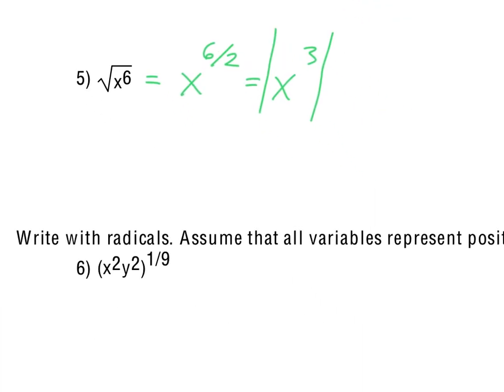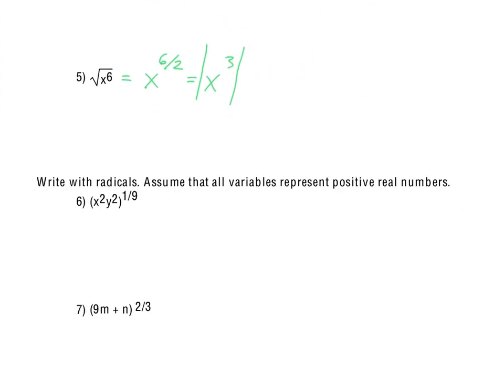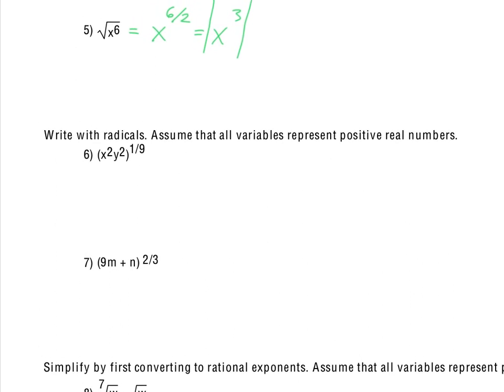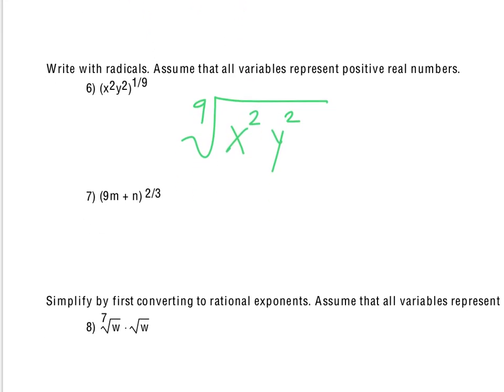Now as we move to number 6, again, we are going to be assuming that all variables represent positive real numbers, which again means that we don't need to worry about absolute values. For number 6, all we're trying to do here is write this with radicals, so switch that 1/9 power into a 9th root. So a 9th root of x squared y squared, and that's all there is to that one. For number 7, same thing, just write it in radical form.